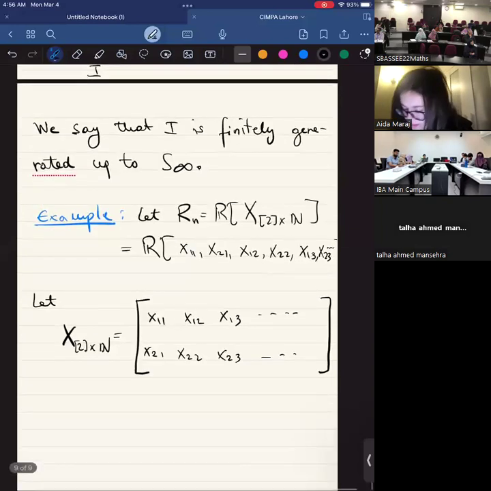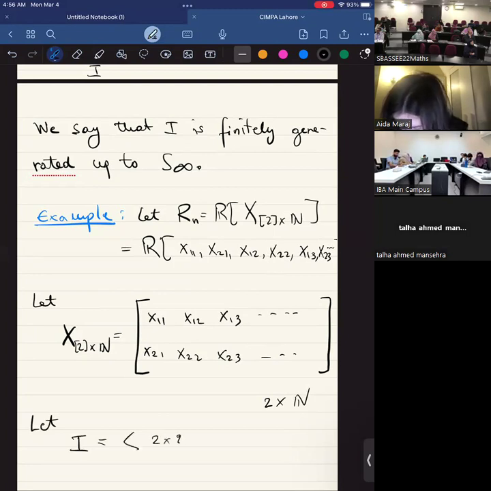So this is a 2 by n matrix. And let I be generated by all 2 by 2 minors of x2 by n.